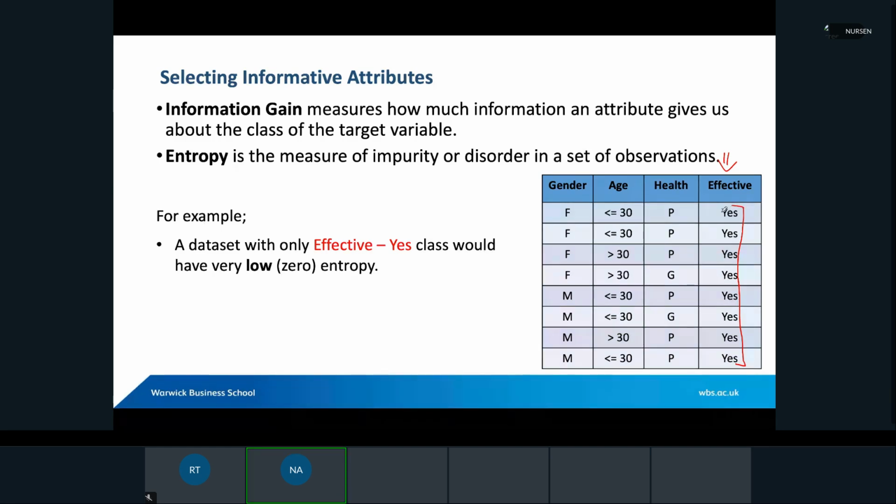That means entropy is 0. There is no disorder here. So it's a pure class, a pure outcome. If the outcome in the target column is only one particular category, entropy is 0. We have a pure outcome.